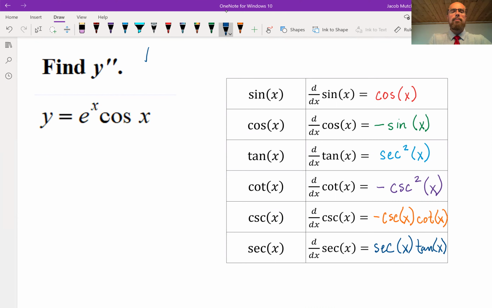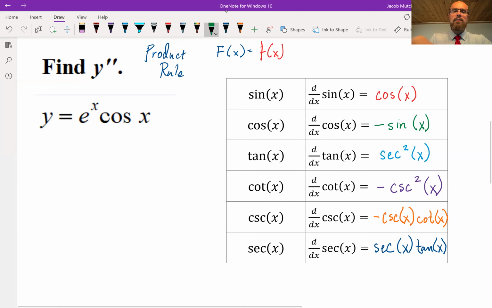So remember, product rule says that if I've got a function big F of x that equals some small f of x times some small g of x, I could say that the derivative of big F of x has this pattern.